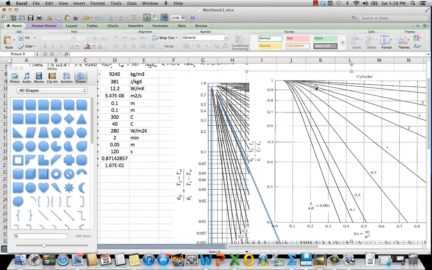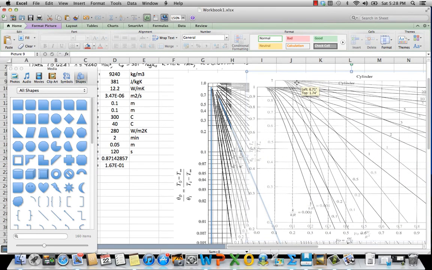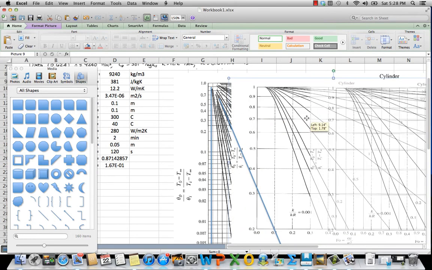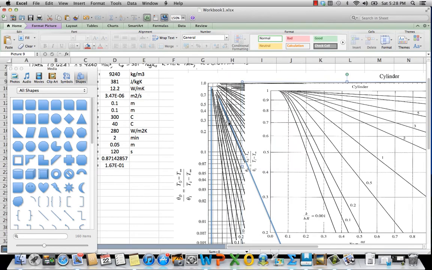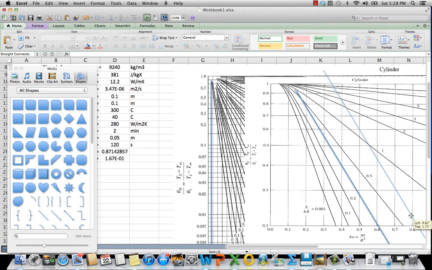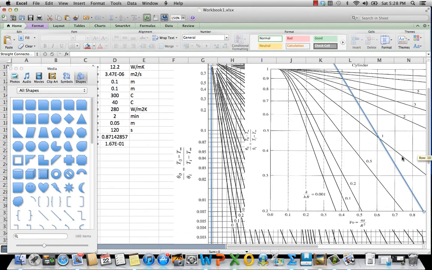So I'm going to move my 1 over Bi line over, if I can pick it up. So 0.87, so roughly 2/3 of the way from 0.5 to 1. Apparently I'm no good at moving the ends of my graphs.